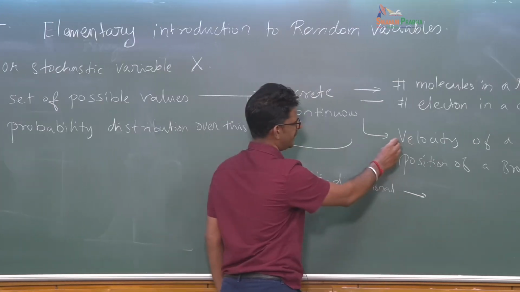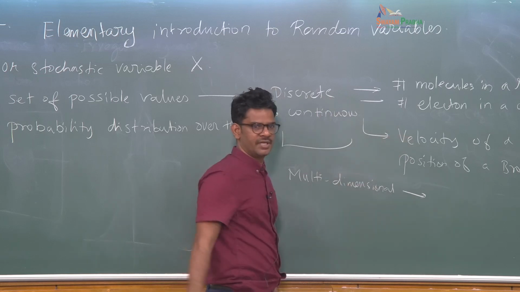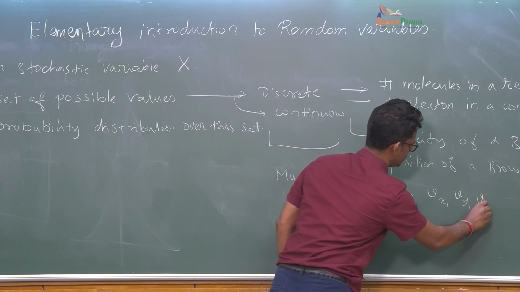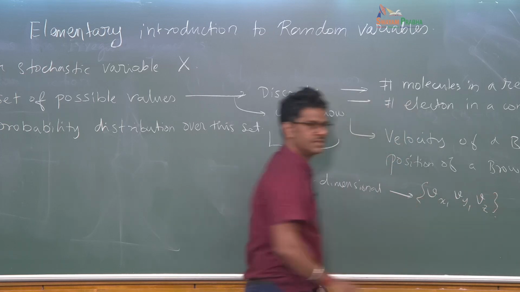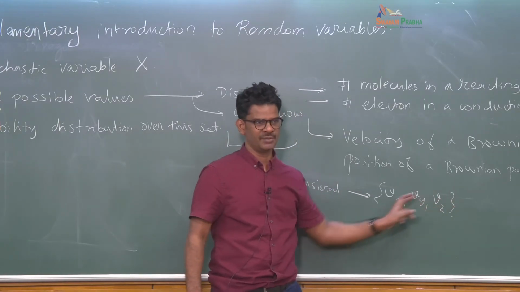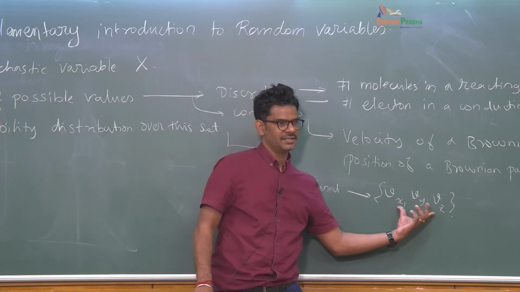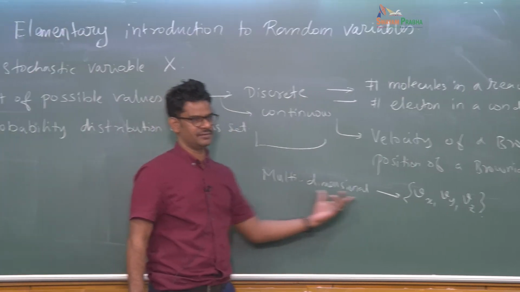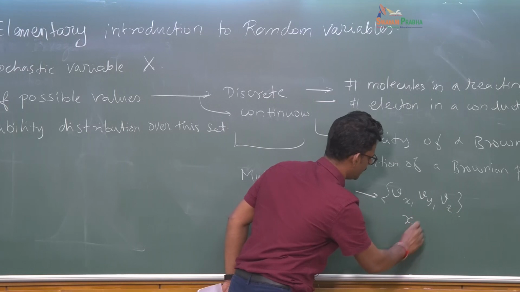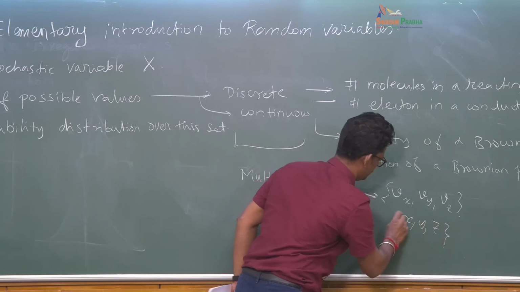For example, if I take this continuous variable, I can say Vx, Vy and Vz. Each of them is a continuous random variable, and the set can be multidimensional. Okay, so that's what this means. And similarly, if you want to specify the x, y, z coordinates, that is also fine.